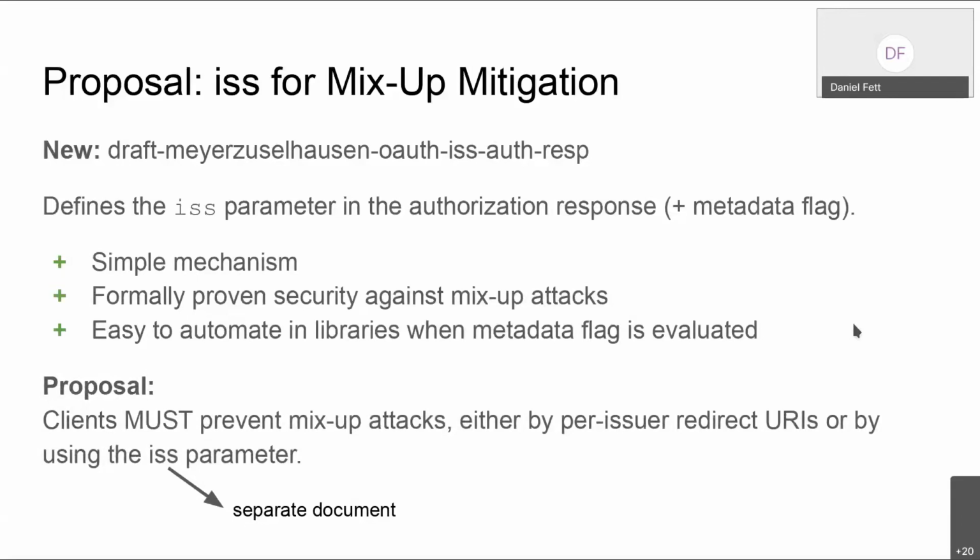Of course, I know that it could be a problem to reference what is right now an individual draft. So I think it would be great if we would find a way to proceed with the security BCP more or less independent of the other document.